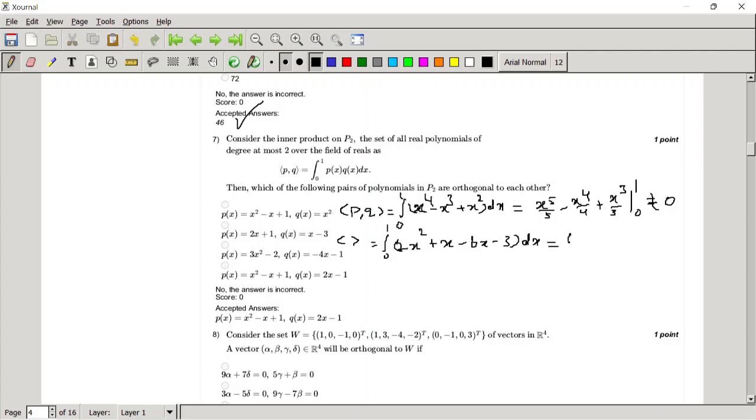By doing integration, we will get 2x cube by 3 plus x square by 2 minus 6x square by 2 minus 3x over the limits 0 to 1. This is also not equal to 0, that we can check. Similarly, for checking the other options, we will get the answer. That is nothing but the fourth option, that we can do easily. Just some calculations are required.